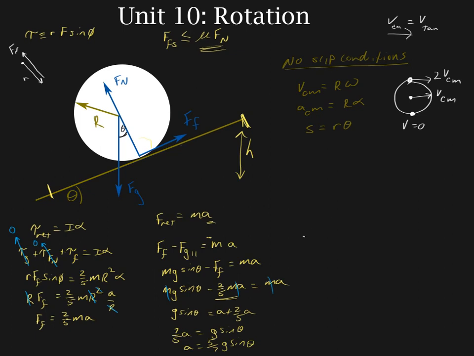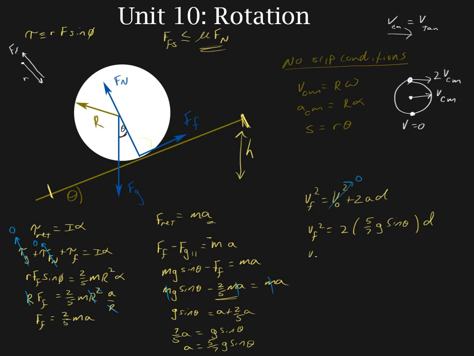Okay, so because we don't know time, we're going to use v final squared is equal to v initial squared plus 2ad. V initial is 0 because it starts from rest. And so we get v final squared is equal to 2 times 5/7 g sine of theta times d.